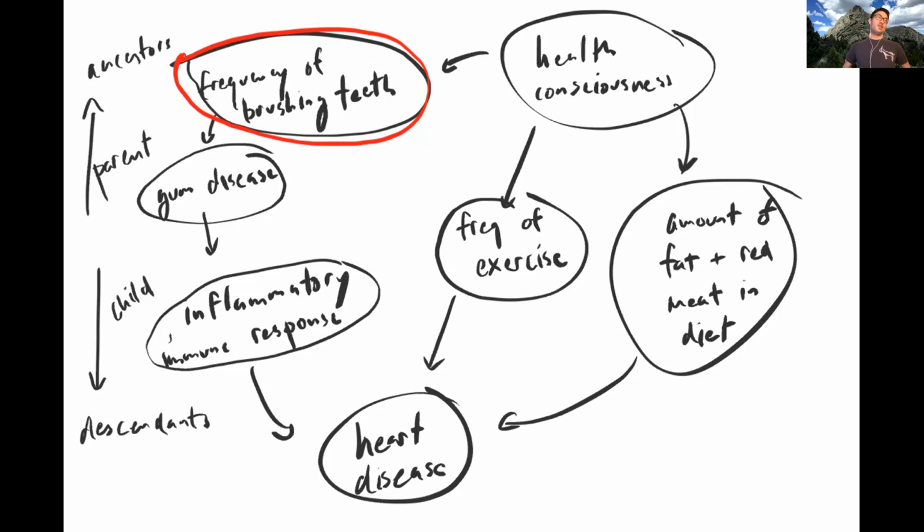I won't put anyone on the spot here, but think to yourself, what might affect how frequently you brush your teeth, but isn't related to your health consciousness. And so one that comes to mind, off the top of my head, is suppose it's related to your dentist's orders.